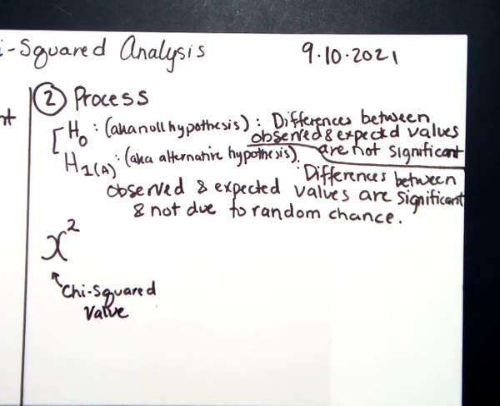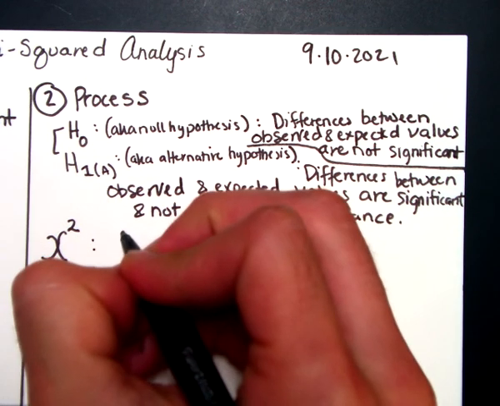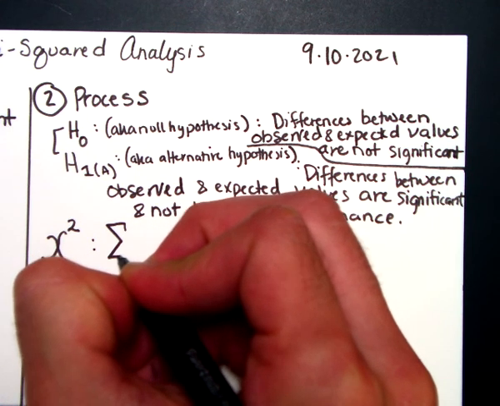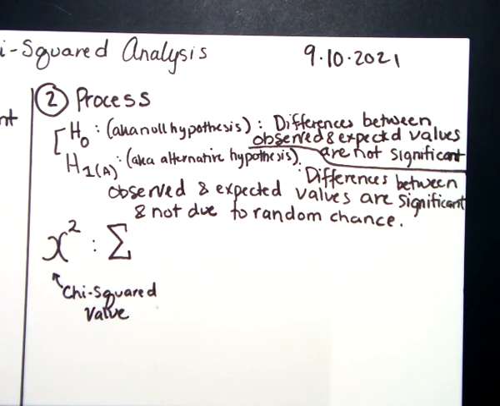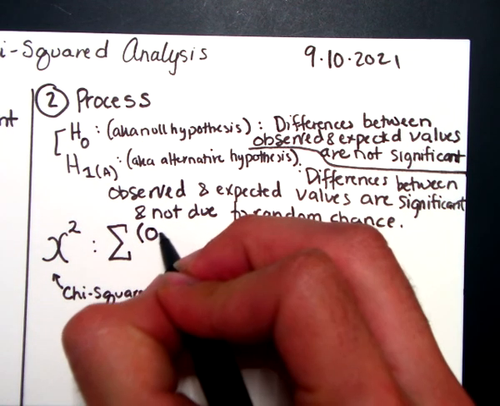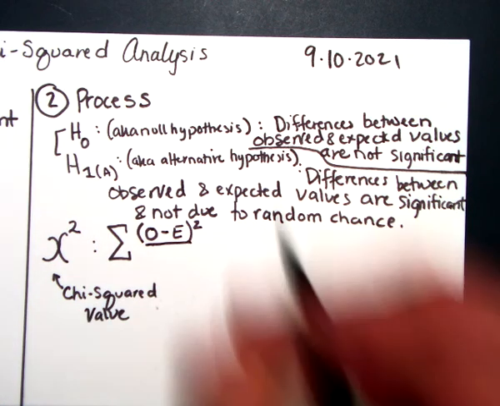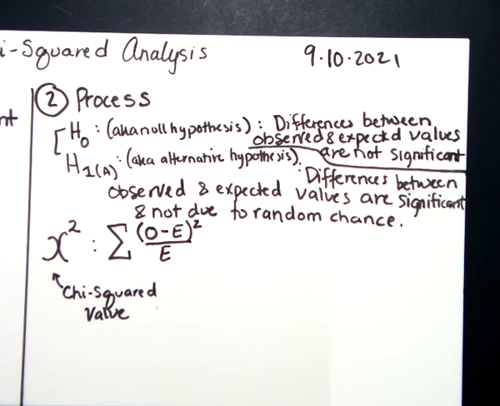And you calculate a chi-squared value by taking the sum, which we symbolize with sigma, of this calculation for every observed and expected value.